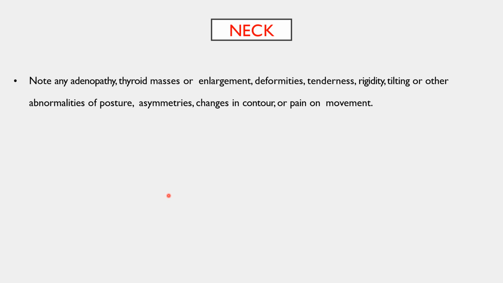Thyroid masses, again hypo or hyperthyroidism, will cause neurological manifestations. By seeing neck tenderness or restricted neck movement, you can make out cervical spondylosis, or if there is pain during flexion of the neck, that will indicate meningeal irritation. So you can work up according to the symptoms and signs.